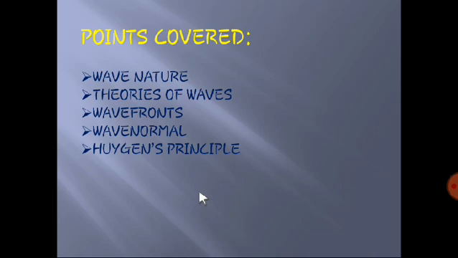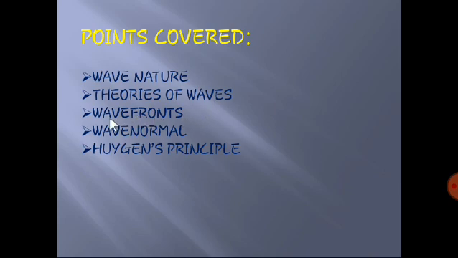So I am going to stop the lecture. I am just going to tell you what points we have covered in this slide. I hope you have got all the things inside this slide and inside part 1. The first thing we have seen is wave nature, theories of waves. Many theories we have seen: corpuscular theory, wave theory, and then we came across the Huygens principle, in which wavefront is the concept.